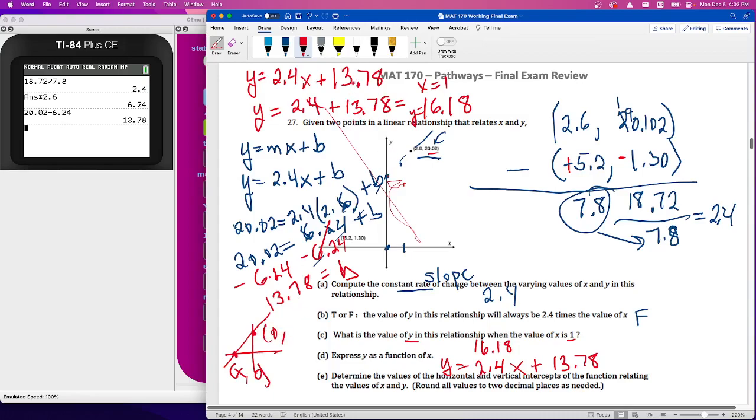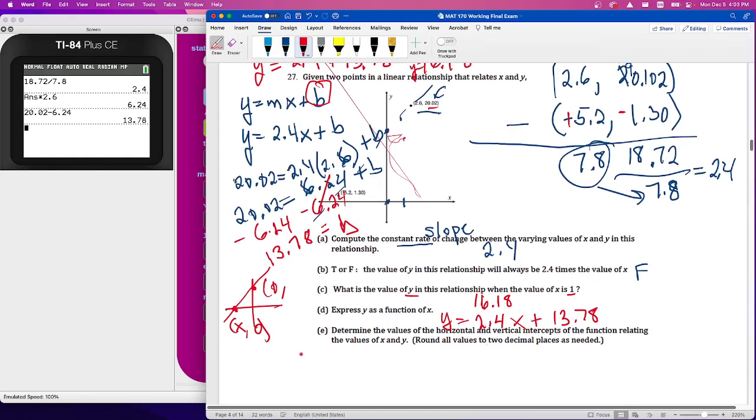And that y-intercept is this value we found in the equation, that's your b, 13.78. So we could go ahead and list that. The vertical intercept is 0, 13.78.